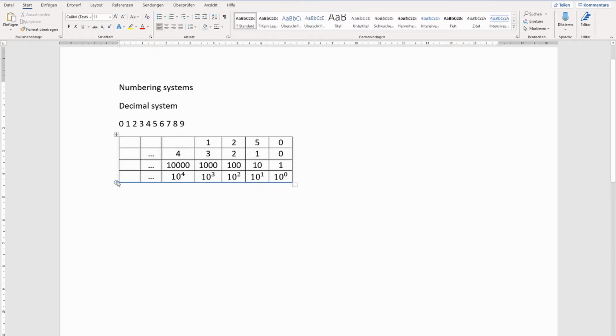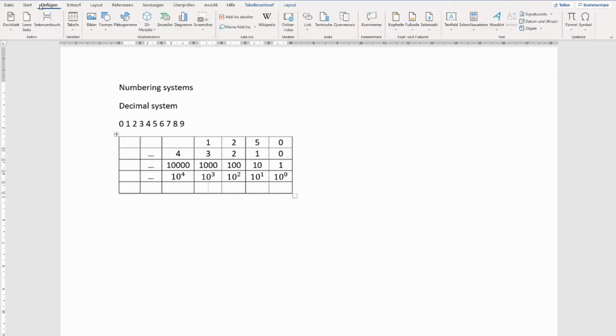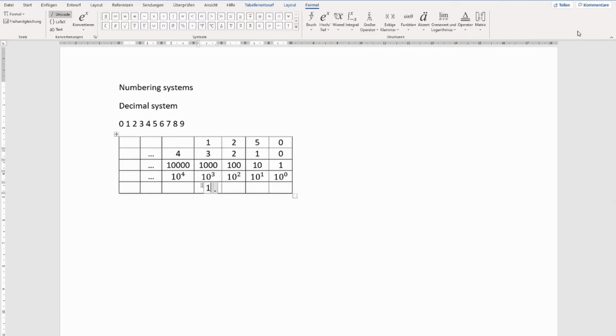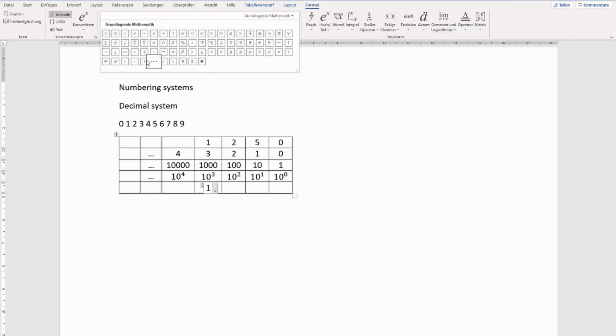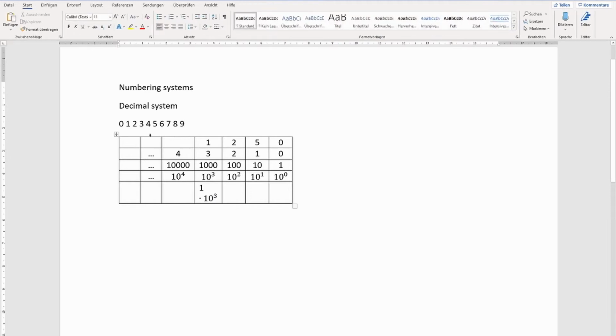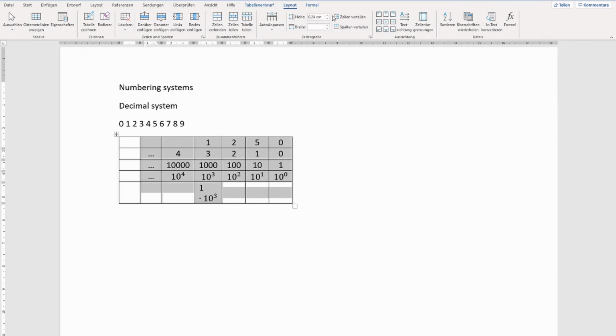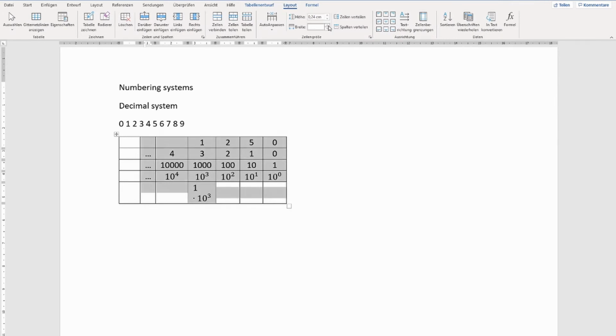And basically what we do here in our head with no issue at all, we say this here is 1 multiplied by. I'll make it a little bit bigger again so that we can see.